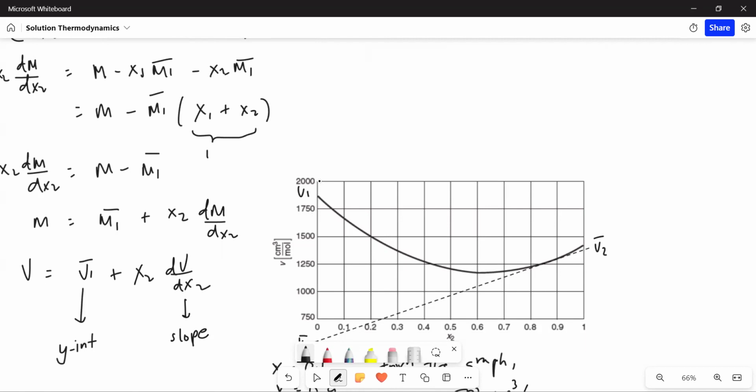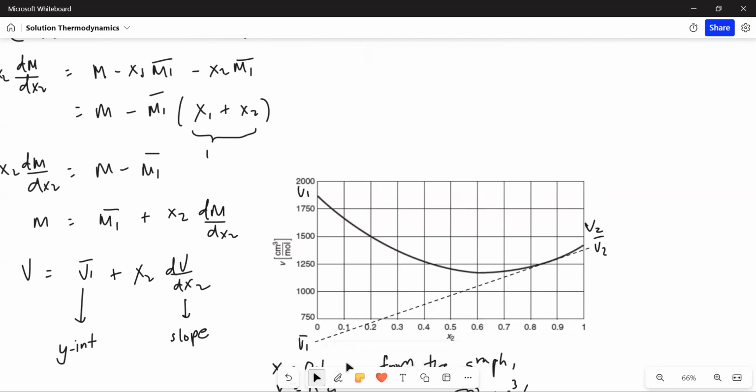The same way, when x2 equals 1, the molar volume is equal to its pure species property, that should be species 2. I'm referring right here to this point.